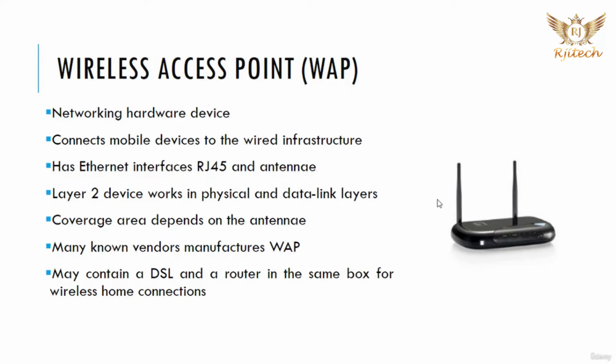It is a variety of devices contained inside one box. So this DSL is connected to the telephone line, and the router is connected to the splitter, and then each of these devices interacts to get the wireless devices inside your home connected to the internet.